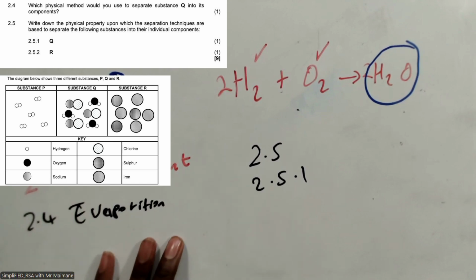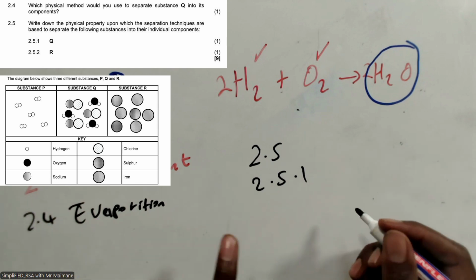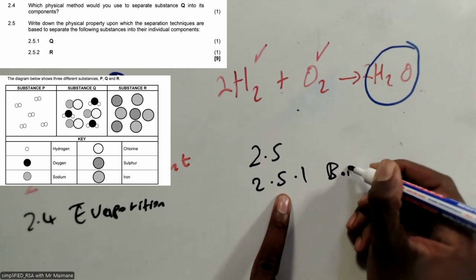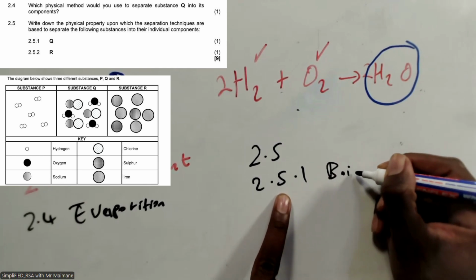We said evaporation is the method we would use to separate the substances in Q. But how do you initiate evaporation? You have to boil. So we'll say boiling point, because they have different boiling points.